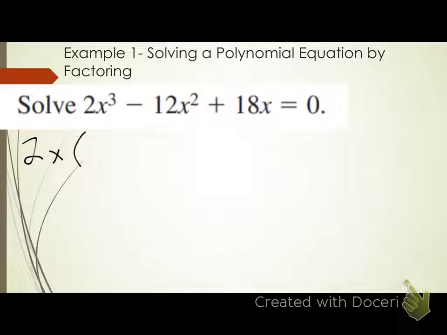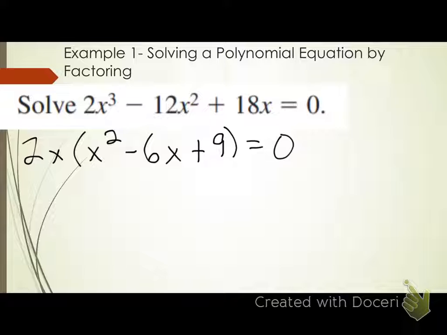2x. 2x times what gives me 2x cubed? X squared. 2x times what gives me negative 12x squared? Negative 6x. 2x times what gives me 18x? Plus 9.